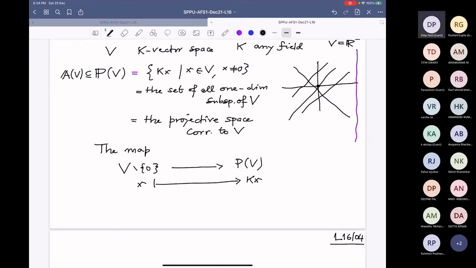And this Kx I am going to denote by this x. This also matches with the subspace spanned by x. All right, so this is the canonical projection. This is a surjective map. I keep calling it a canonical projection.